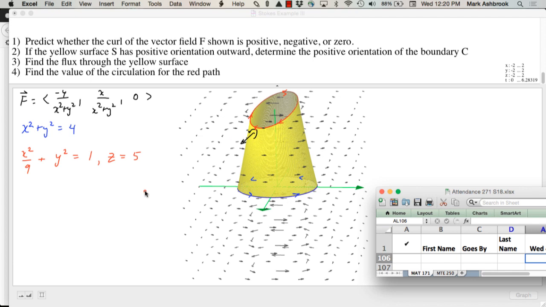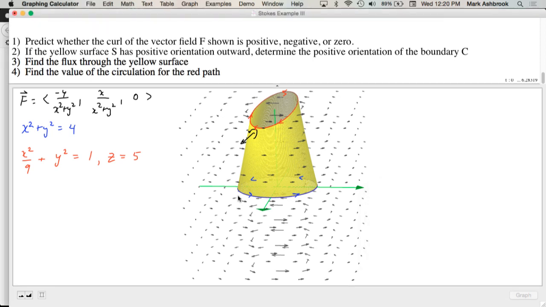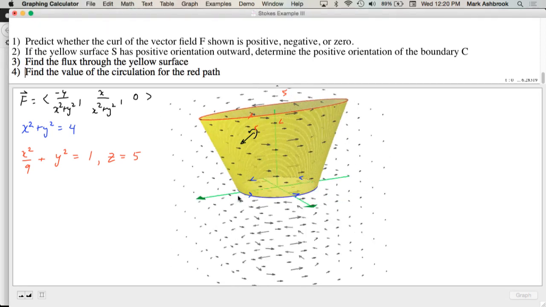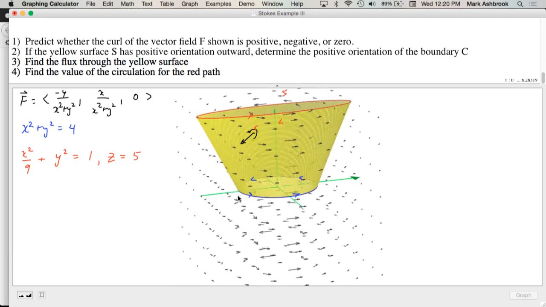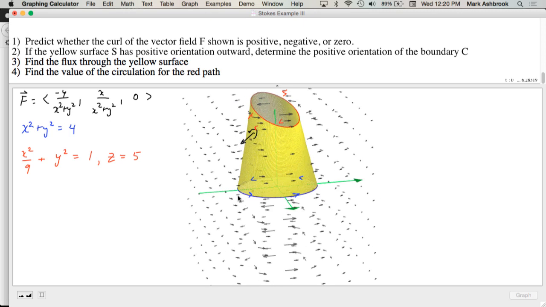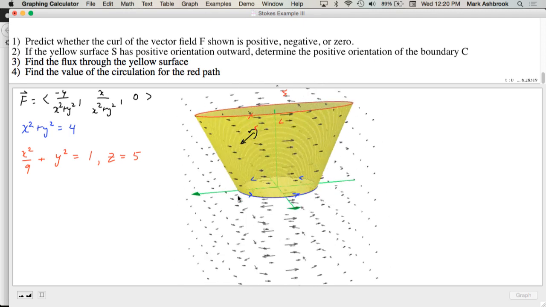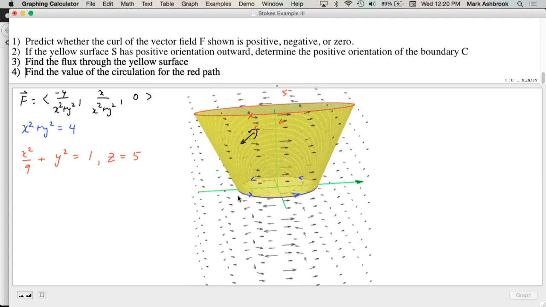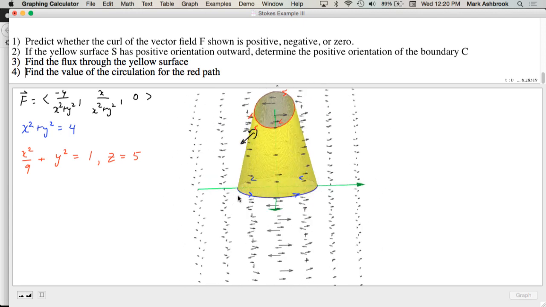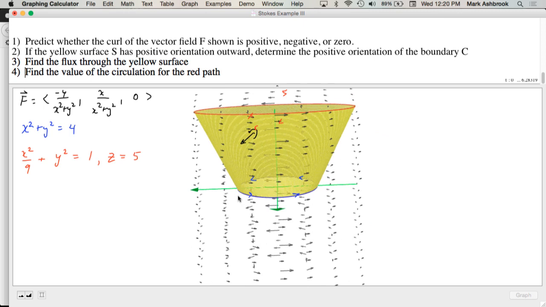Okay, and so then the yellow surface is what I'll just show you. It's what joins those two, from that x squared plus y squared equals 4 circle up to this ellipse, x squared over 9 plus y squared equals 1, at z equals 5.